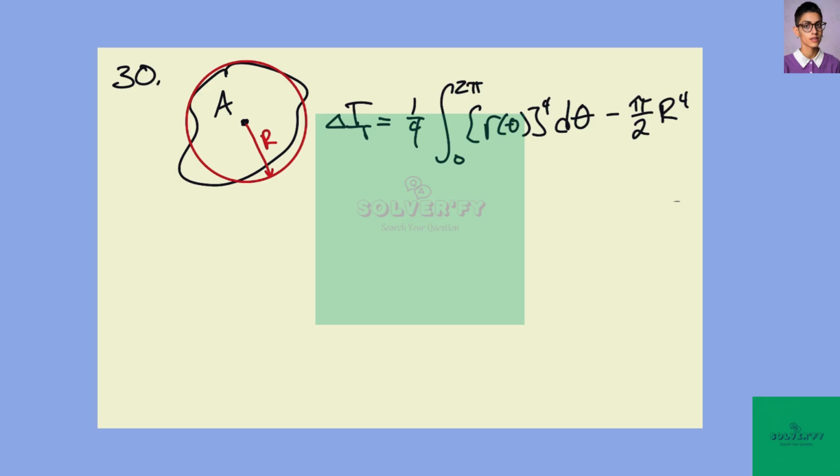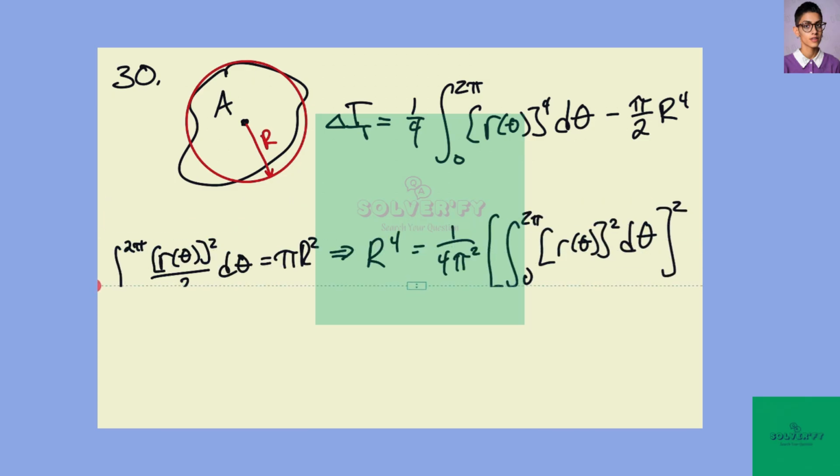This isn't a completely general case, but if r is a function of theta, that's basically that for any ray coming out of here, we only cross the surface border once. Then we have this expression for the difference.